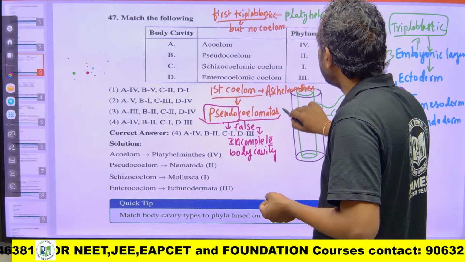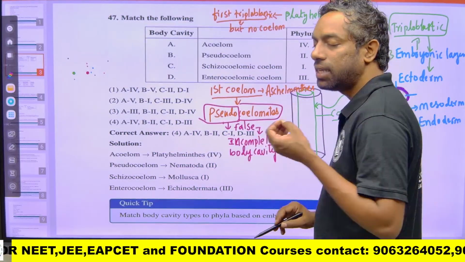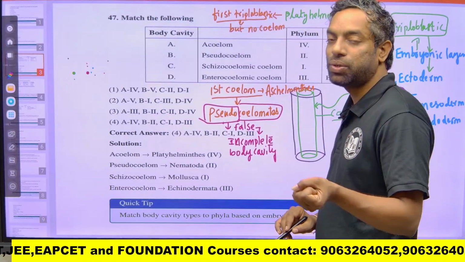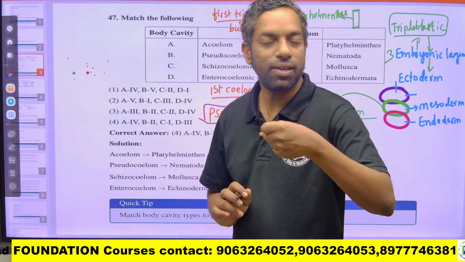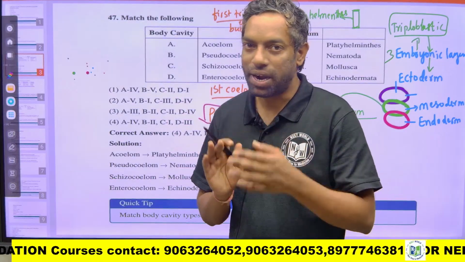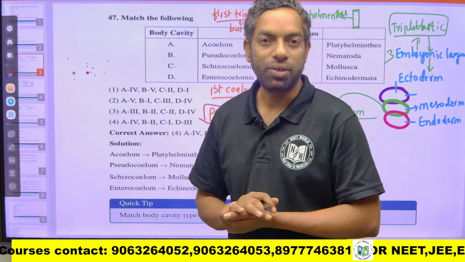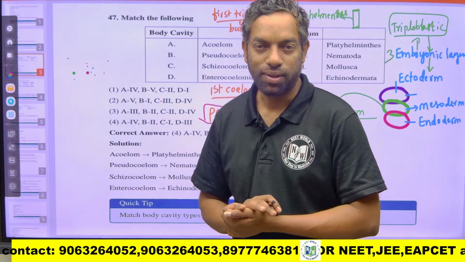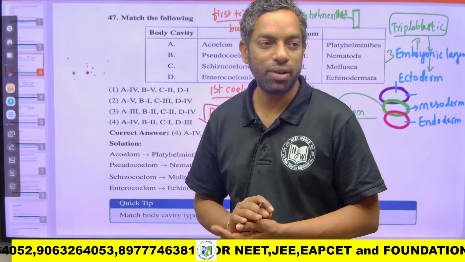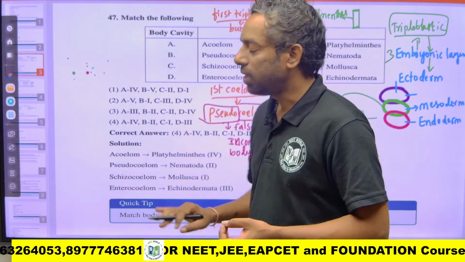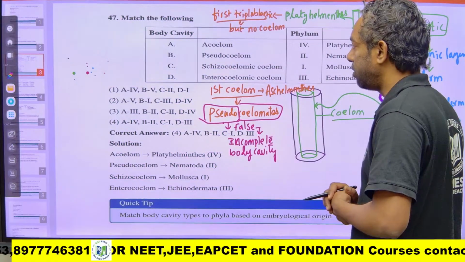Aschelminthes are pseudocoelomates. There is a tissue of mesodermal origin. There is a cavity filled by tissue, mesenchymal tissue. That's why we call it pseudocoelomate. A false coelom takes place in these Aschelminthes.